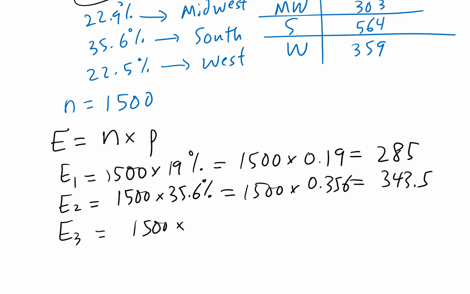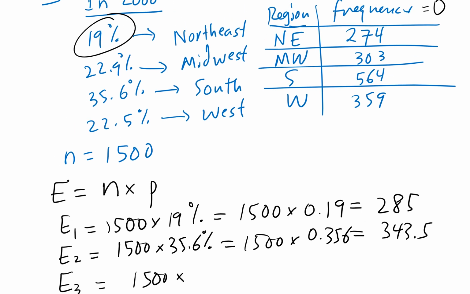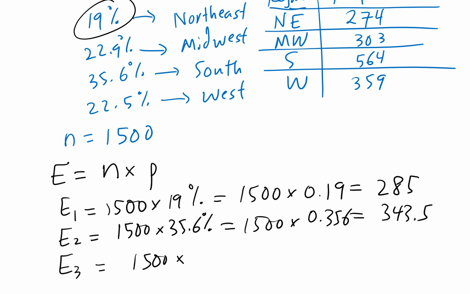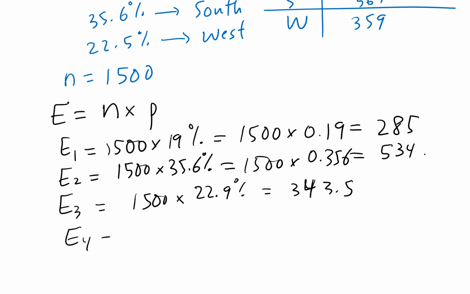Then 1500 times the next one, the third, 22.9%, gives 343.5. And the last one, E4, is 1500 times 22.5%, and that gives me 337.5.